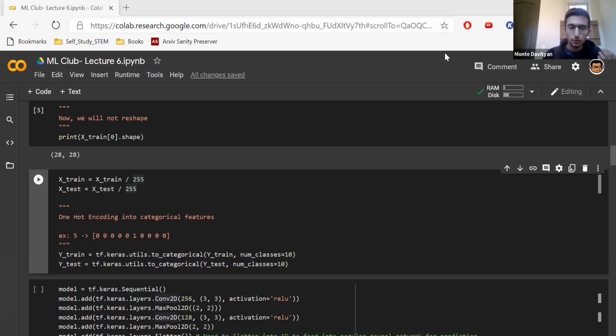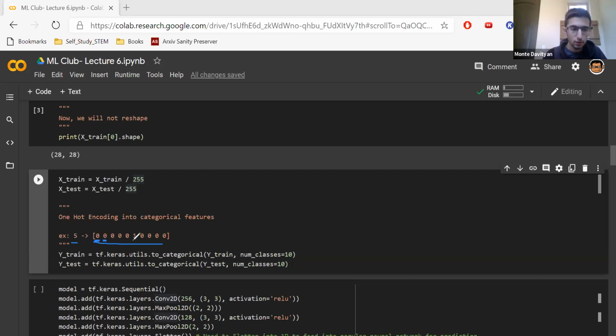We need to one-hot encode this. And so we take this number 5 and we make it into a one-hot encoded array. This first index corresponds to the number 0. This second index corresponds to number 1.